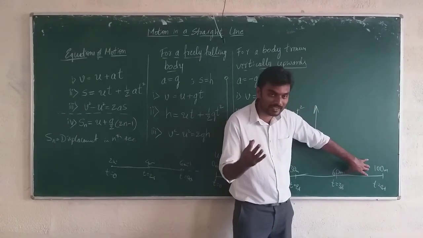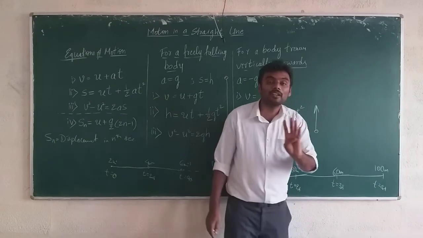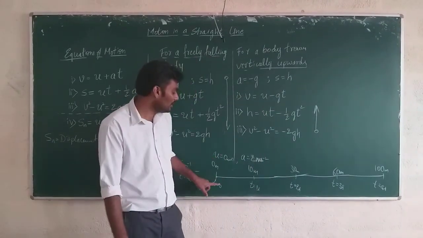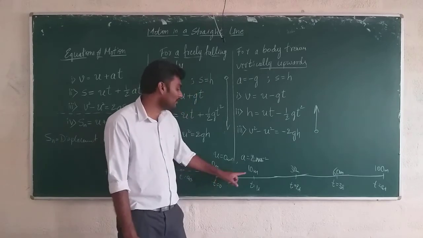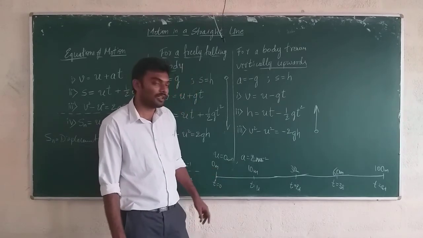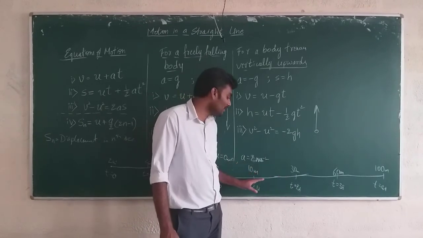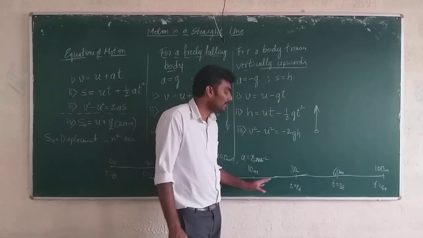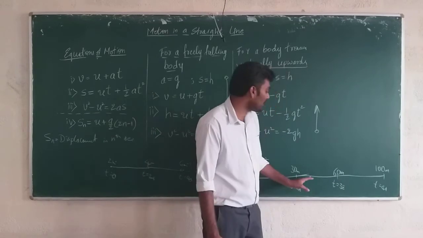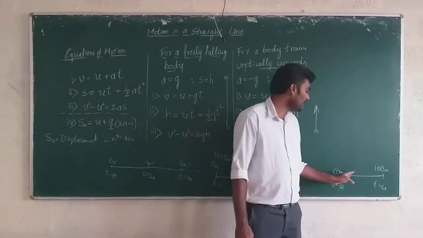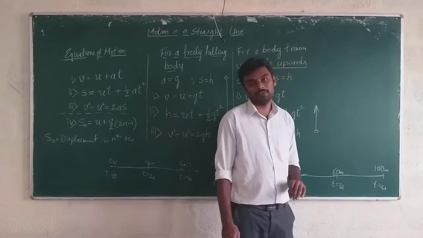In the 4th second, the displacement happened is only 40 meters. In the first second, it has traveled 10 meters. In the second second, 20 meters. In the third second, 30 meters. In the fourth second, 40 meters.